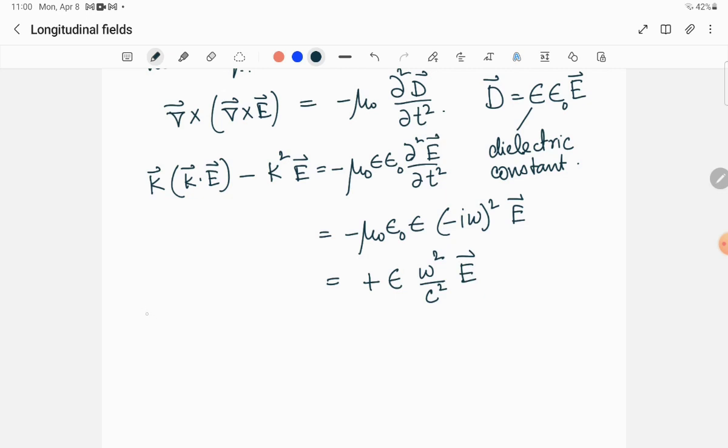Now again, going back, for the transverse field case, for transverse field, k dot E becomes 0.